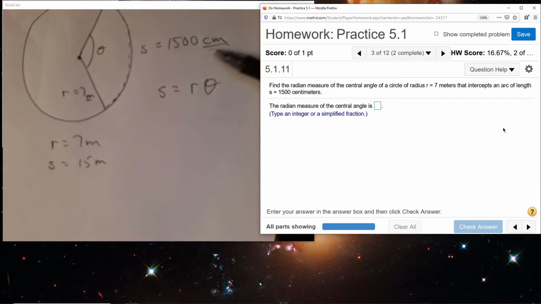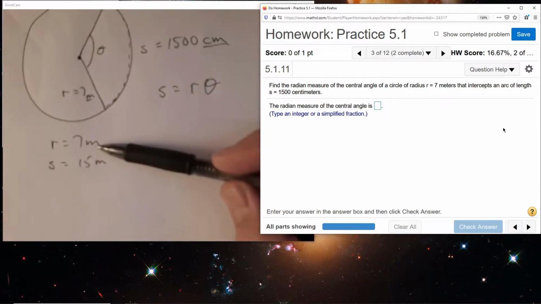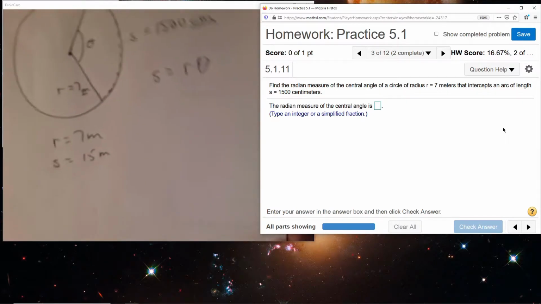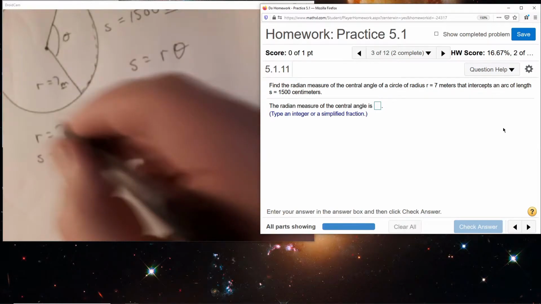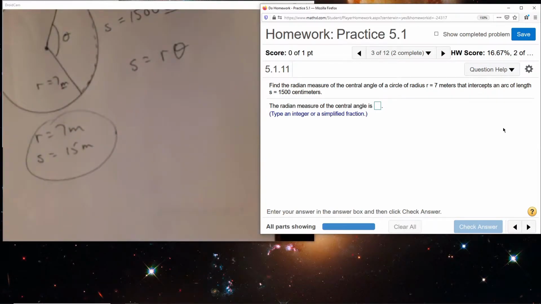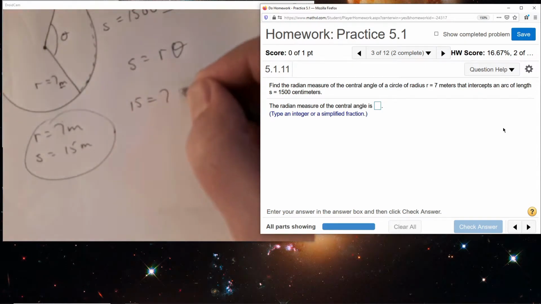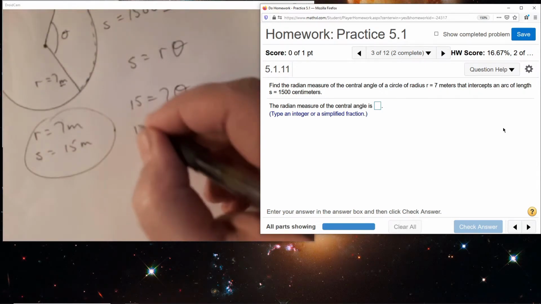So 1,500 centimeters is 15 meters. We could have also done 7 meters is 700 centimeters. Doesn't matter. Now that our numbers are in the same units, we'll go ahead and plug them in. And then we get our answer for theta.